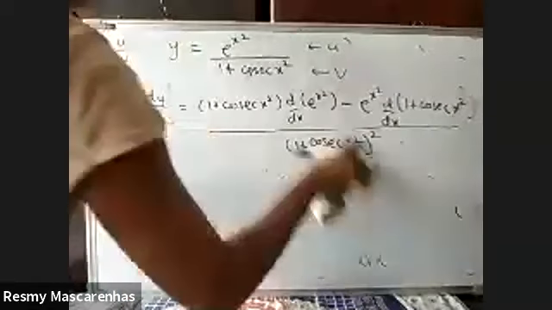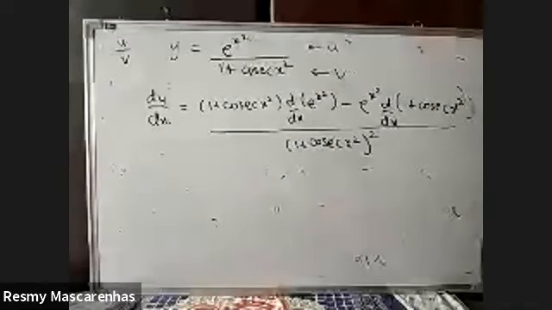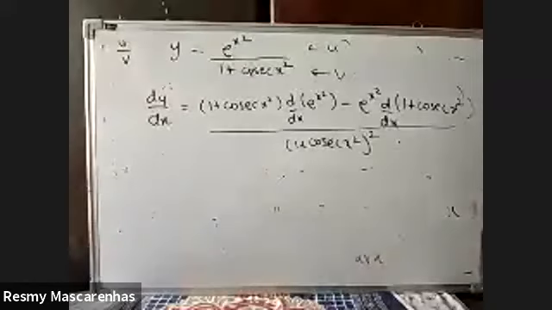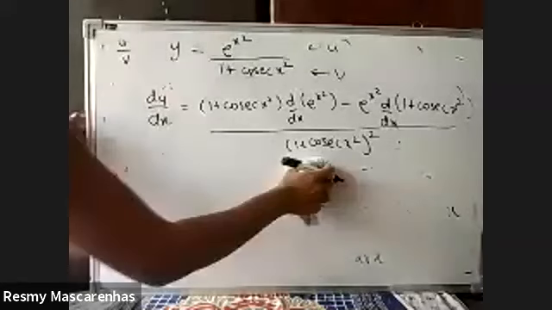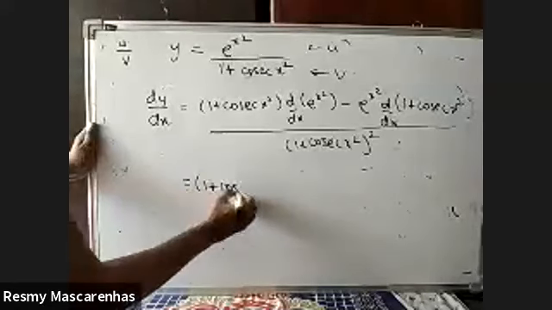Now find the derivative of this. So this will be 1 plus cosec x square.